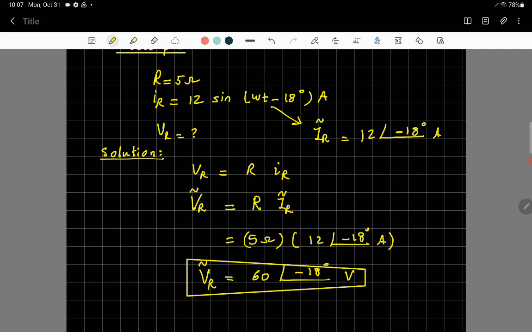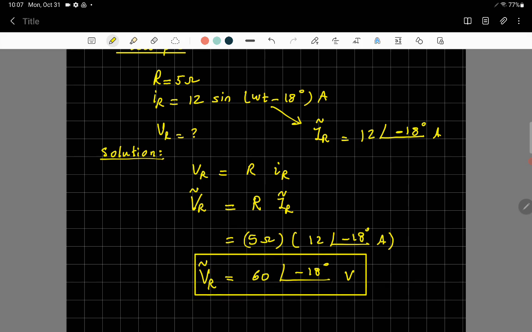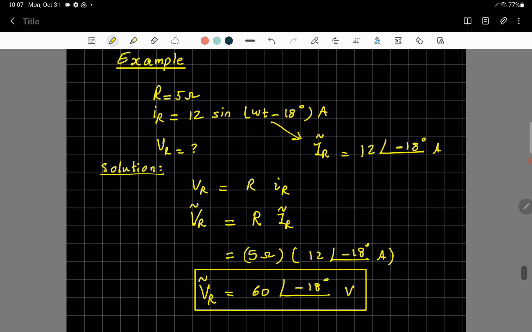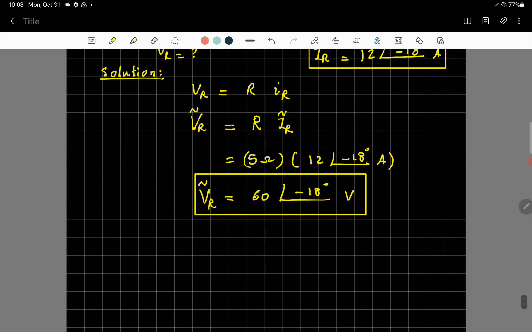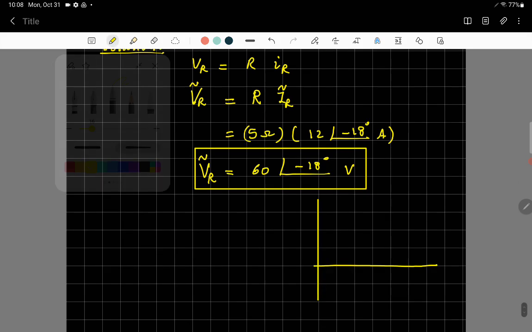How do you represent this phasor value? Let's sketch it. But remember that this is the IR expressed as a phasor. So IR is equal to 12 on angle negative 18, and the voltage is equal to 60 on angle negative 18. So both are on the same angle. Let's sketch it. If this is the X and Y, you make an angle equal to negative 18.